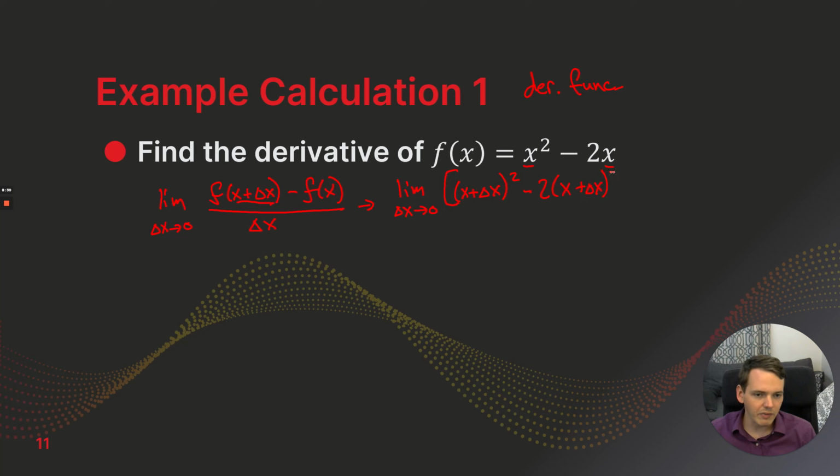So that's the f of x plus delta x. And then I'm going to subtract f of x, which is just what I've got written up there, x squared minus 2x, like so. And then in the denominator, just leave the delta x.